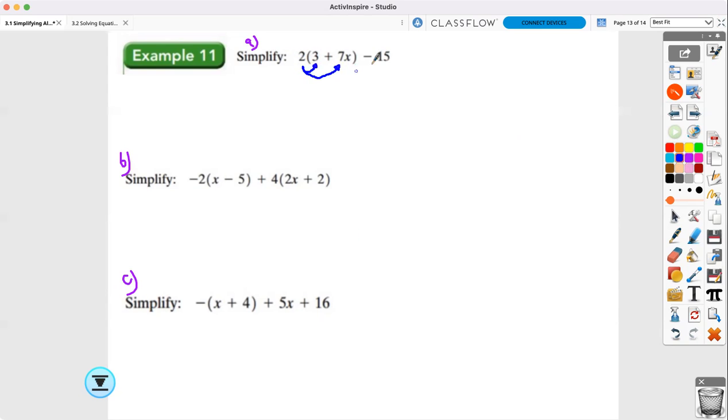Now, is my 2 gonna be distributed to my 15? Yes or no? Why or why not? I got stuck on it, but I think I understand now. I want to say yes because neither of them have an x behind it or a y, so they're like terms. Well, my question was no. So why wouldn't we, Jose?